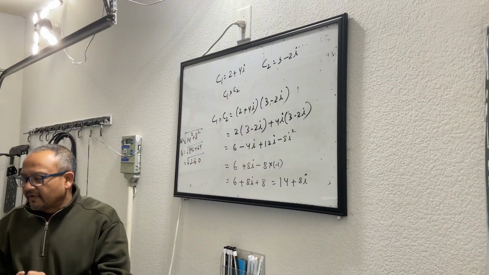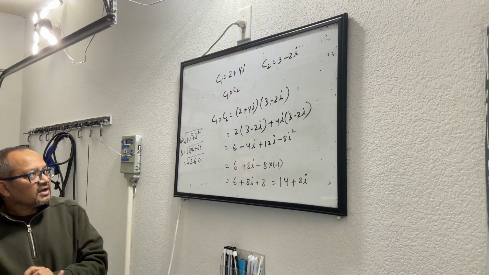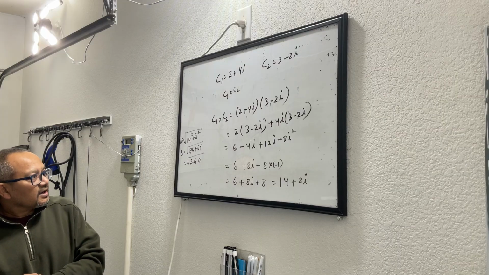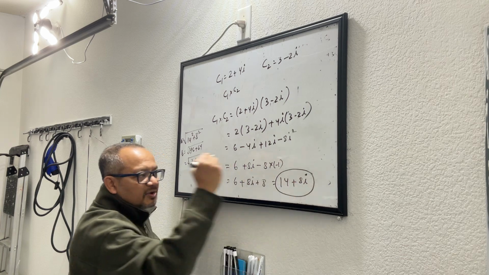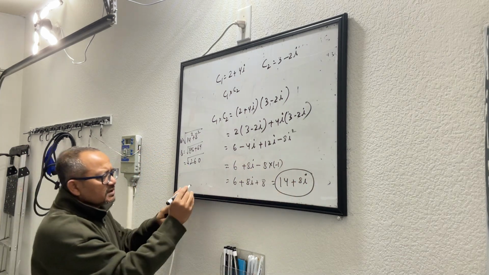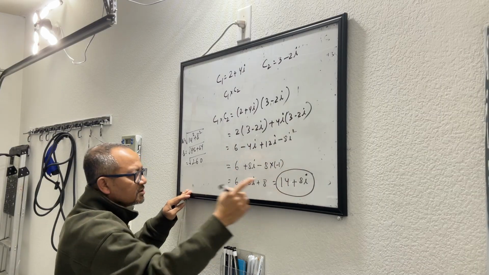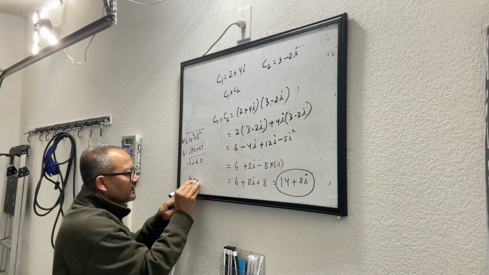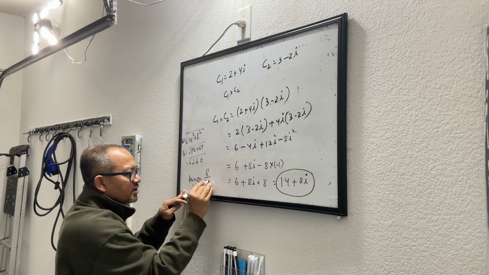So from this you will find out the magnitude, and similarly this is your resulting complex number. If you have to find out the amplitude of this, this is my vertical component, this is my horizontal component, so tan of theta would be equal to 8 over 14.